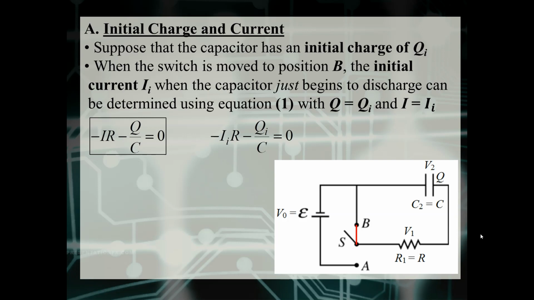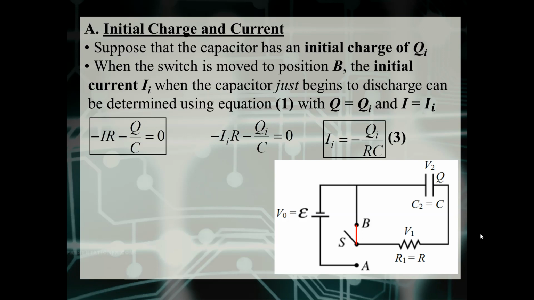What I'm going to do here is manipulate this equation for the initial current, because I just want to know what value the initial current is. If I manipulate that, you would then get your initial current is equal to negative Qi over RC.